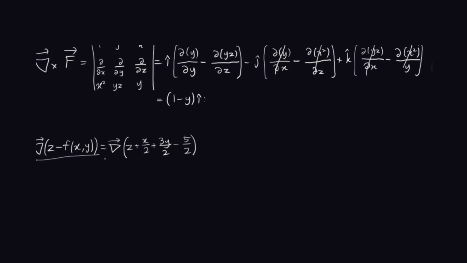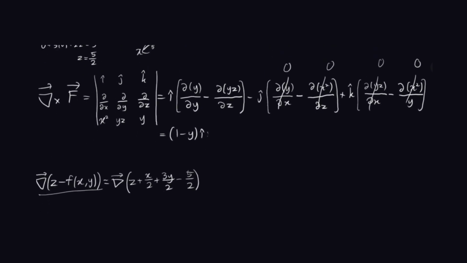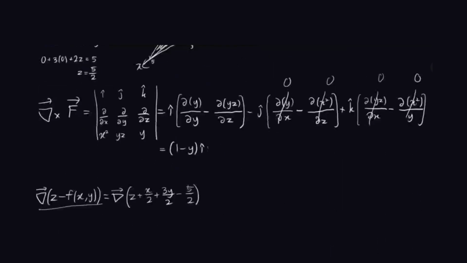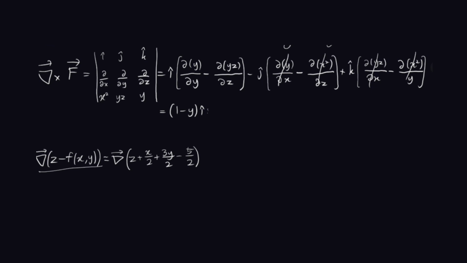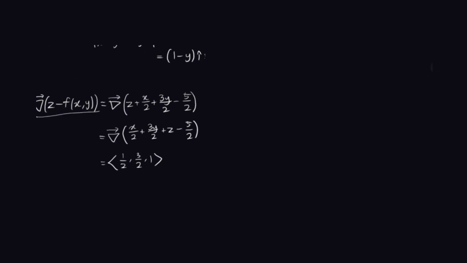After you plug it in, you wonder why the shape of it is different. Well, because it is z minus f(x, y). And after that, you need to differentiate it, but before that, rearrange in terms of x, y, and z. After you rearrange it and differentiate, this is the shape of it.